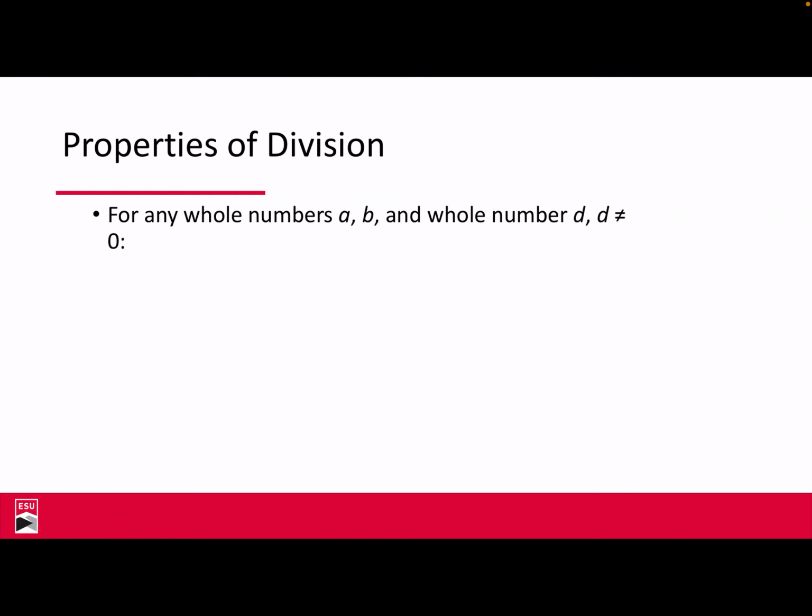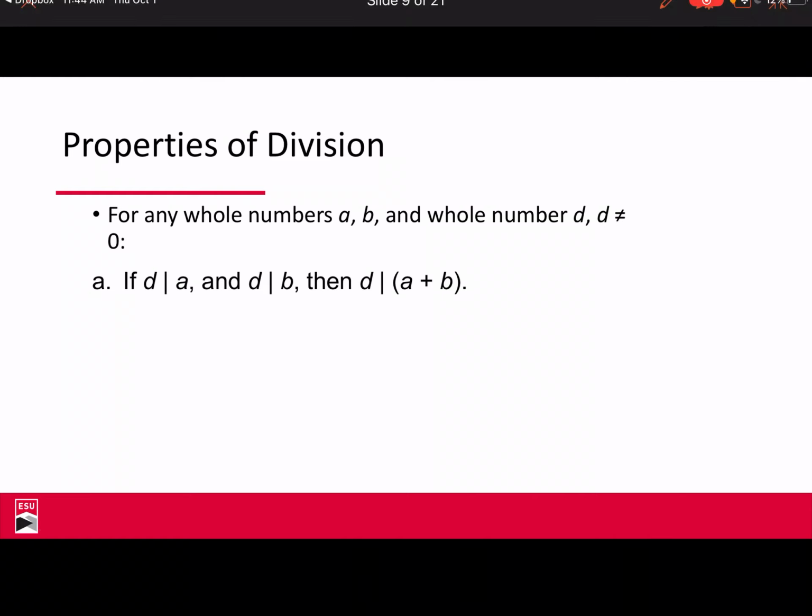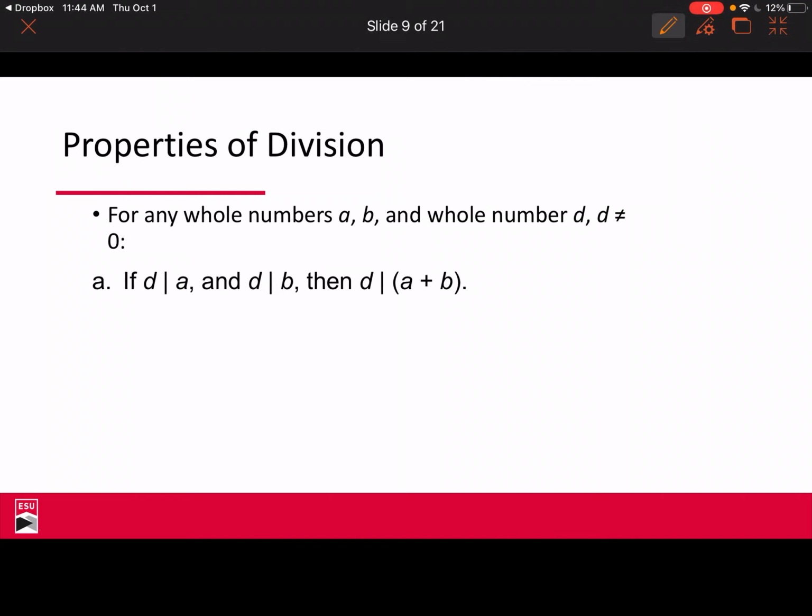Another property: for any whole numbers a, b, and a whole number d, as long as d isn't 0, if d divides a and d divides b, then d divides a plus b. For example, do you agree that 2 divides 6 and 2 divides 10?